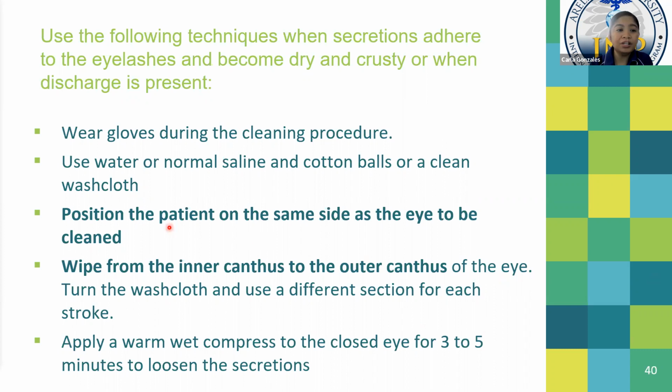Never use soap. Especially if you are to clean the eye during a bed bath, before you put the liquid soap in your basin, you first start with the face, specifically the eyes. You clean the eyes first with water that does not have soap.